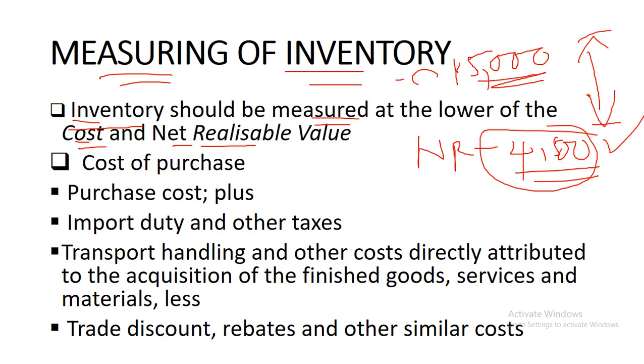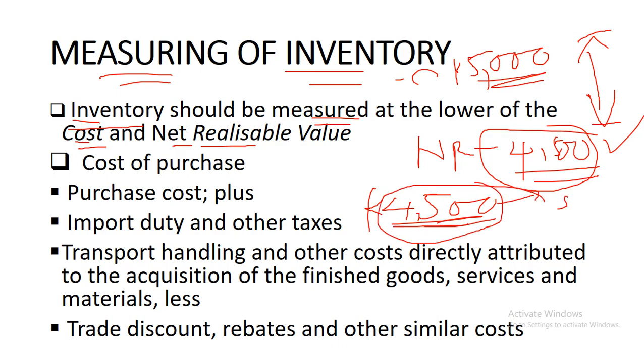So the lowest amount between 5,000 and 4,500 is 4,500. So it means the inventory is going to be measured at 4,500. And this is the value that we're going to put in the statement of financial position.